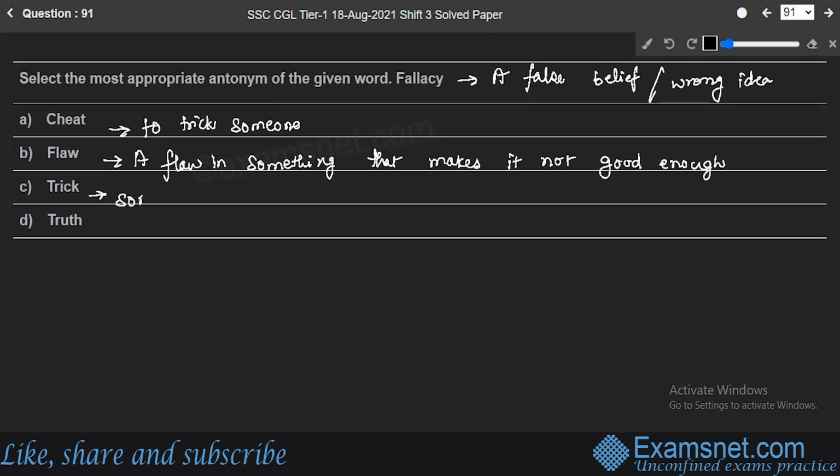Trick means something you do to make someone believe that something is not true.